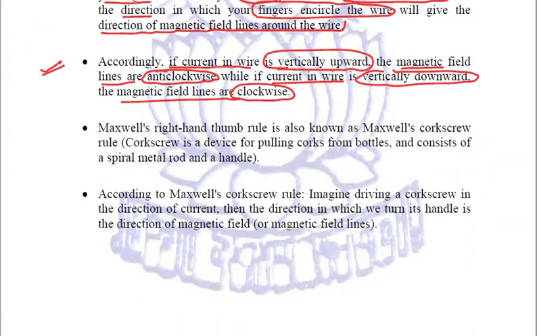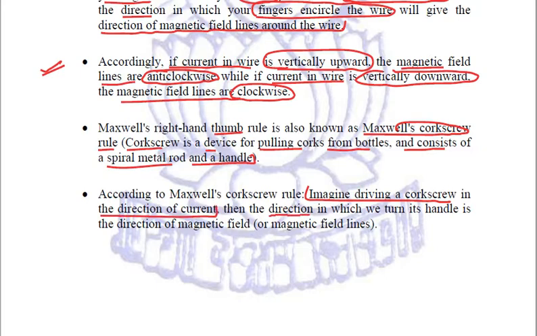Now this Maxwell's right hand thumb rule is also known as Maxwell's corkscrew rule. What is a corkscrew? It is a device for pulling corks from bottles, and it consists of a spiral metal rod and a handle. According to Maxwell's corkscrew rule, imagine driving a corkscrew in the direction of current.